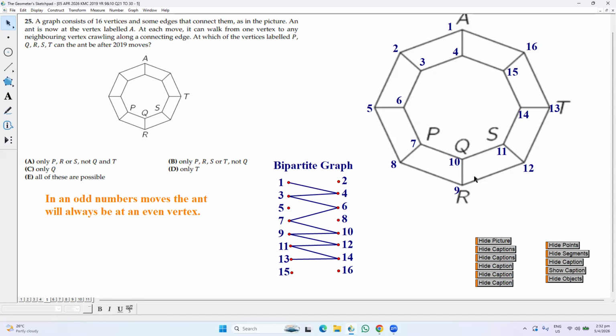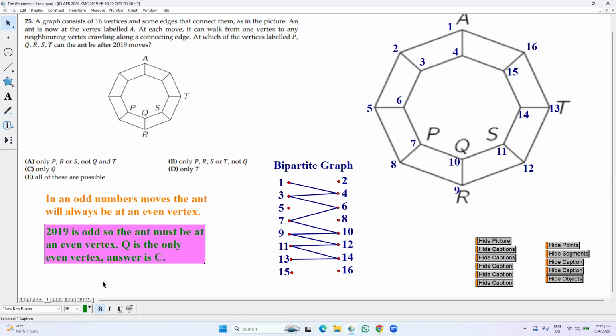If we study the diagram, P is odd, Q is even, R, S, and T are all odd. Only one is even. So 2019 is odd, so the end must be at an even vertex. Q is the only even vertex, so the answer is C.